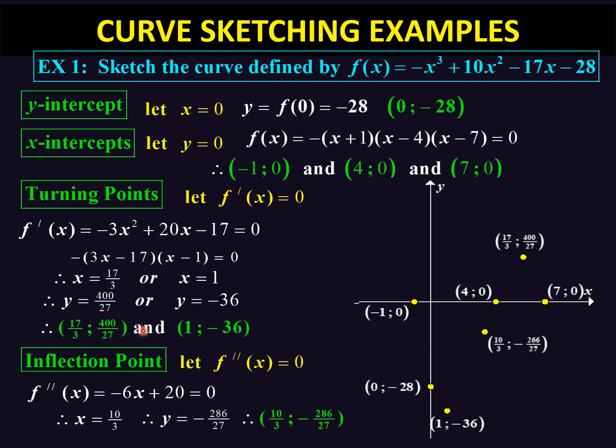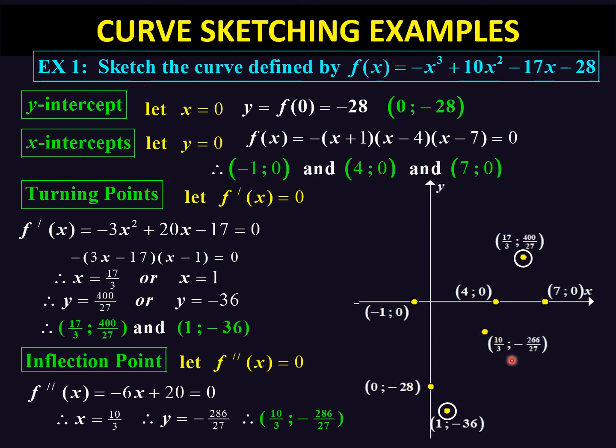Now, to distinguish between these, I suggest that at the turning points you put a little circle. You know, on the road, you have a circle, and what do you do with a circle? You mustn't go straight through. You must turn. So this will remind you that if you come here, you must make a turn there. So I suggest you draw a small little circle around there. And this is the inflection. You can either put a little cross there, or let's leave it as it is.